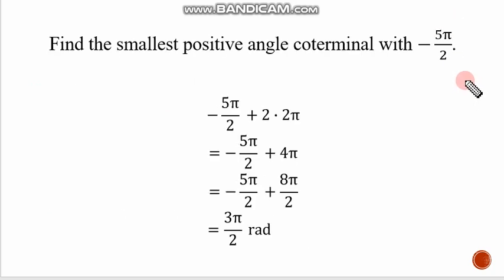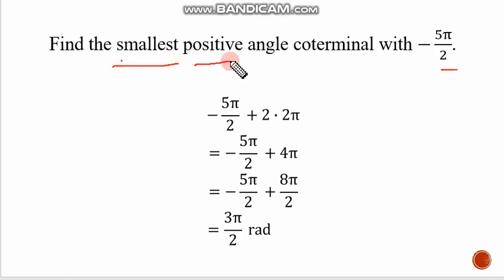For radian measure, we will find the smallest positive angle coterminal with negative 5 pi over 2. Again, there are so many coterminal angles for negative 5 pi over 2. You would just add 2 pi, or another 2 pi, or you subtract 2 pi. But the condition is we are looking for the smallest positive angle.